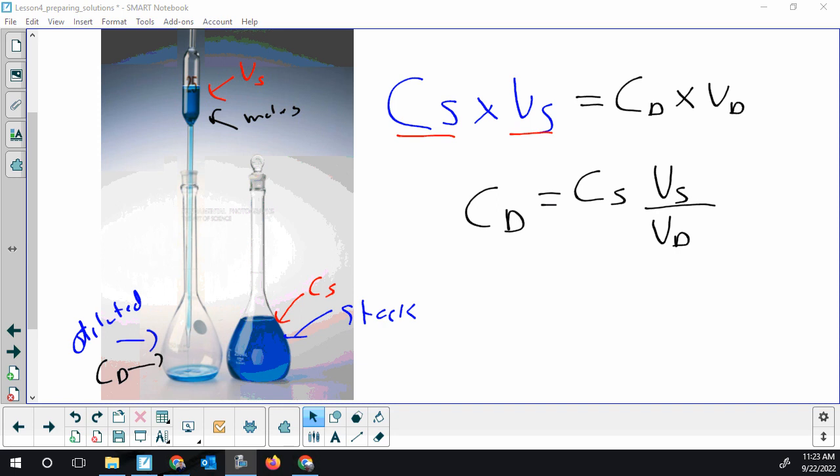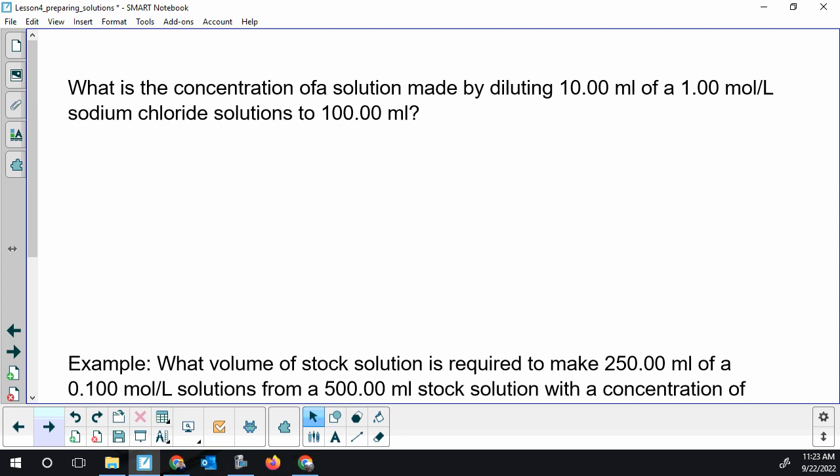So let's look at a math example. We'll try to do it without the equation, and then I'll do it with the calculation.